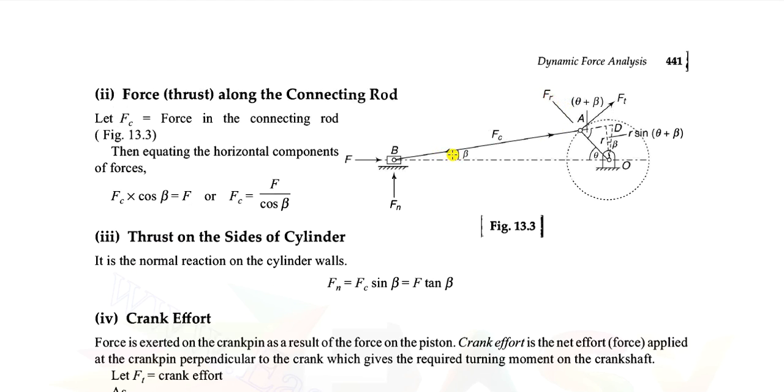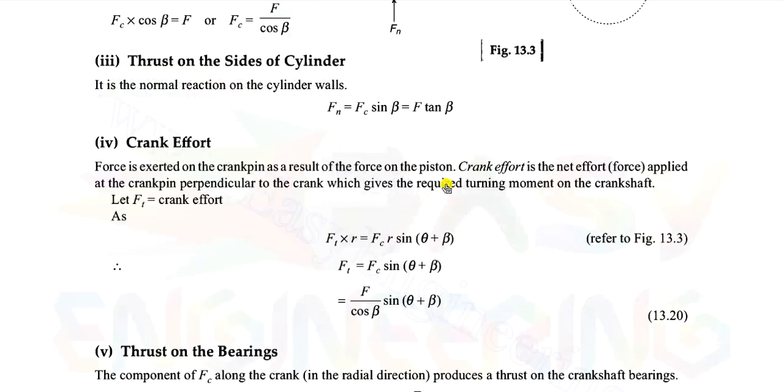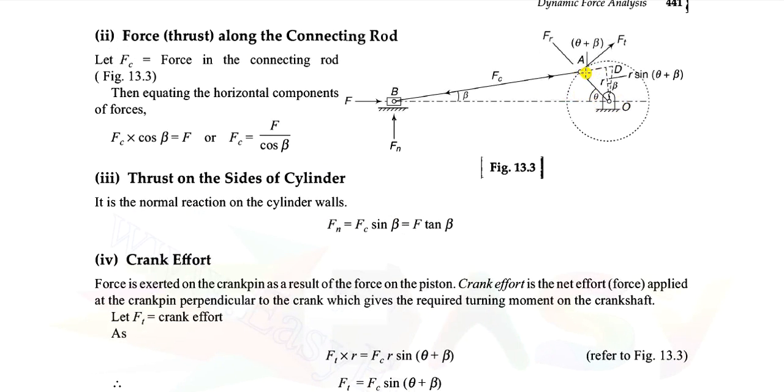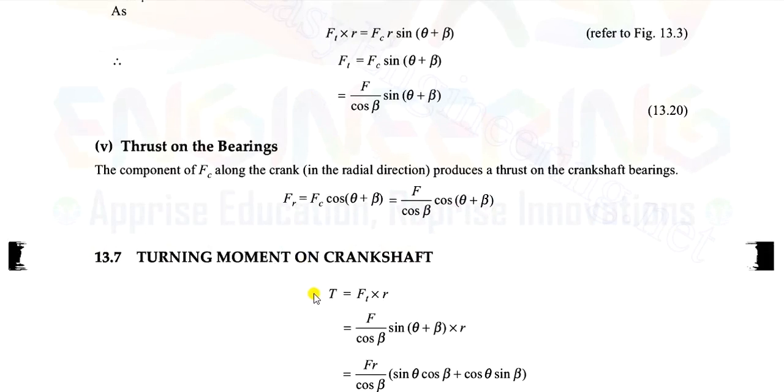If I see here, because this component of Fc is sine, along this crank the component will be the cos component. So Fr is equal to Fc cos theta plus beta.